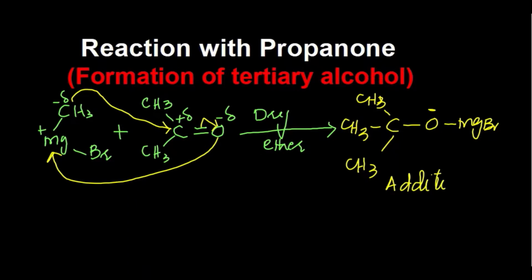The addition product is formed, right students. Now we will see how we get tertiary alcohol from the addition product. How is tertiary alcohol formed? We make the addition product once again. That is, we have a methyl group on this side. Similarly, on this side as well as on this side, we have a methyl group.